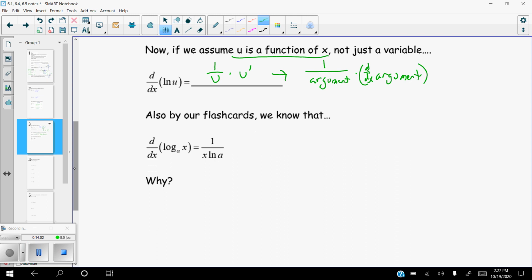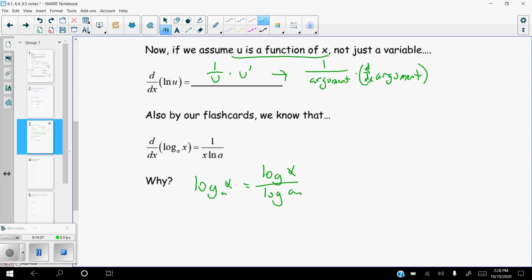So we're going to start off with the log of x base a. This can be rewritten using one of the properties of logs, which is called a change of base formula. We can use the change of base formula to write this as the log of x divided by the log of a.